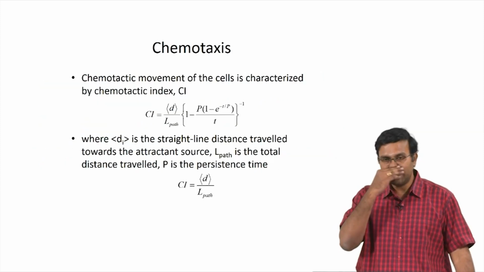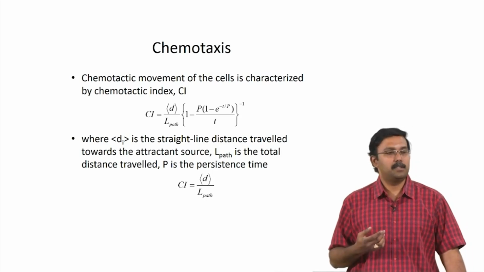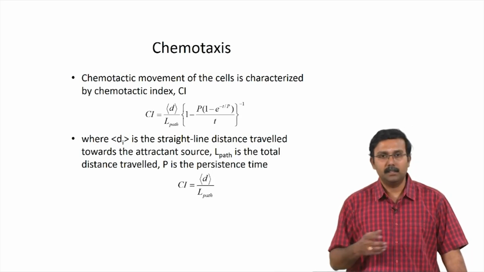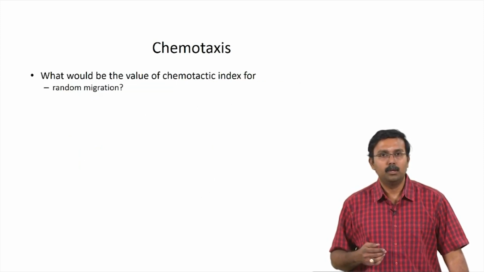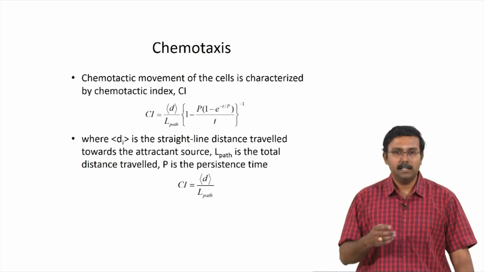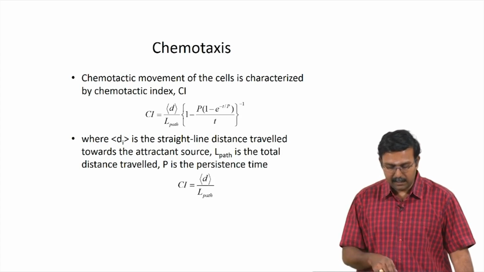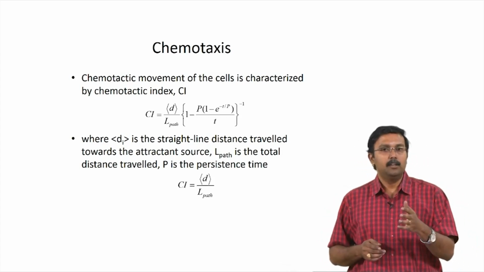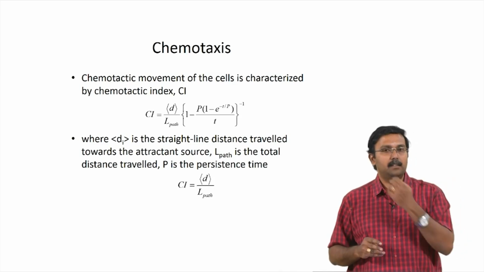Okay. So, again, chemotactic index is the term which is used to characterize the chemotactic movement. This is just an equation which describes it. So, basically this is given as d divided by L path, where d is the straight line distance which is travelled by the cell towards the attractant.